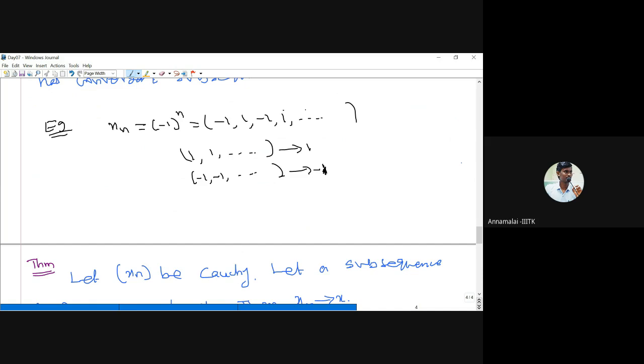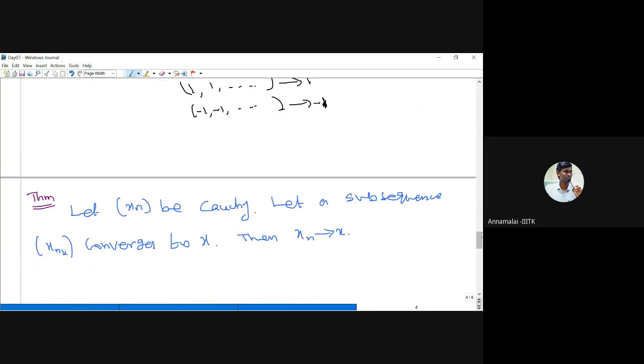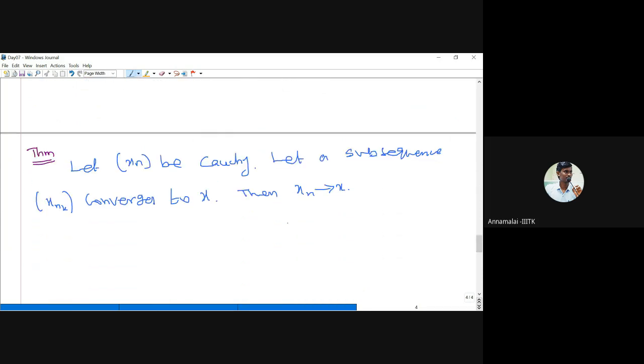In the previous example, x_n equal to (-1)^n is not a Cauchy sequence, because it is a real sequence: if it were Cauchy, it would converge, but the original sequence does not converge. Therefore x_n is not Cauchy. So if we want to find the limit of a Cauchy sequence, it is enough to find the limit of some subsequence.